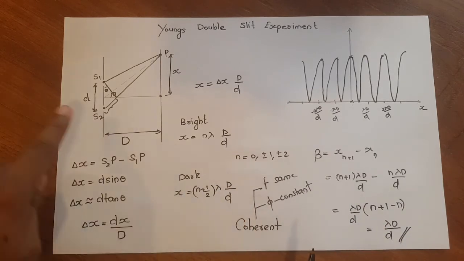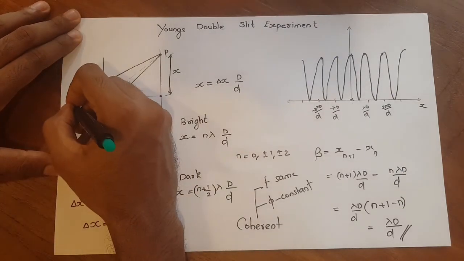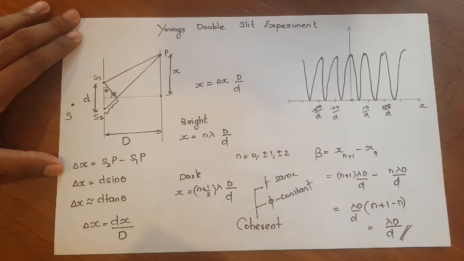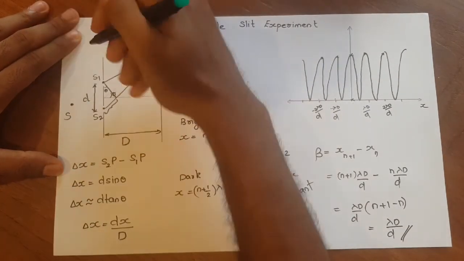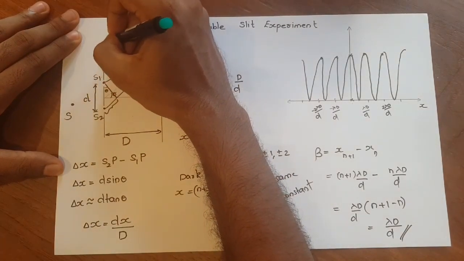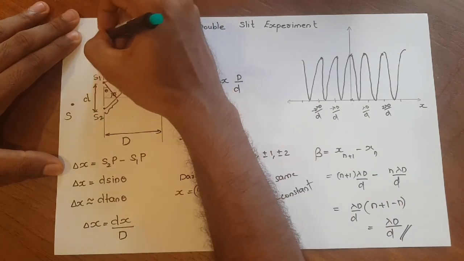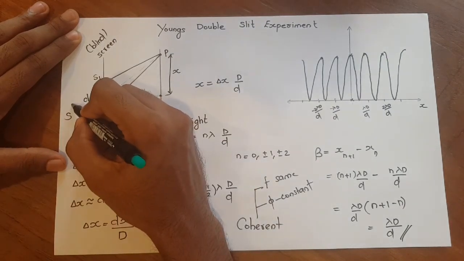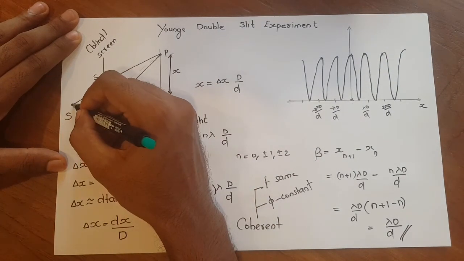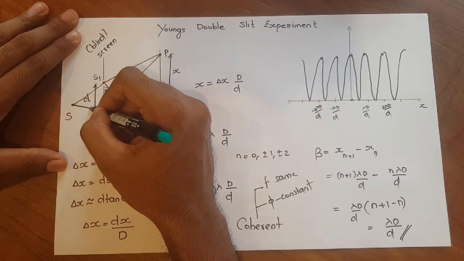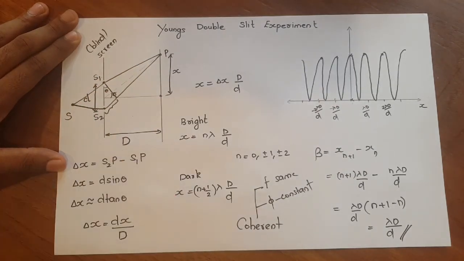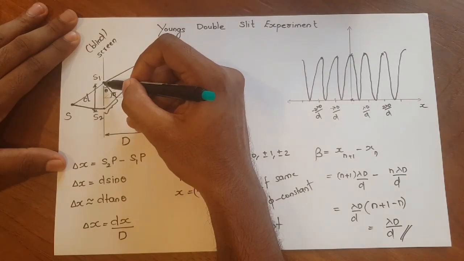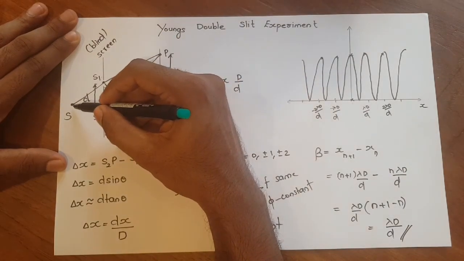But in order to make these two sources coherent, what we do is place a single source, and keep a screen or a blind over here with two holes, and let the light from the source fall on both. So we derive the sources S1 and S2 from the same source.